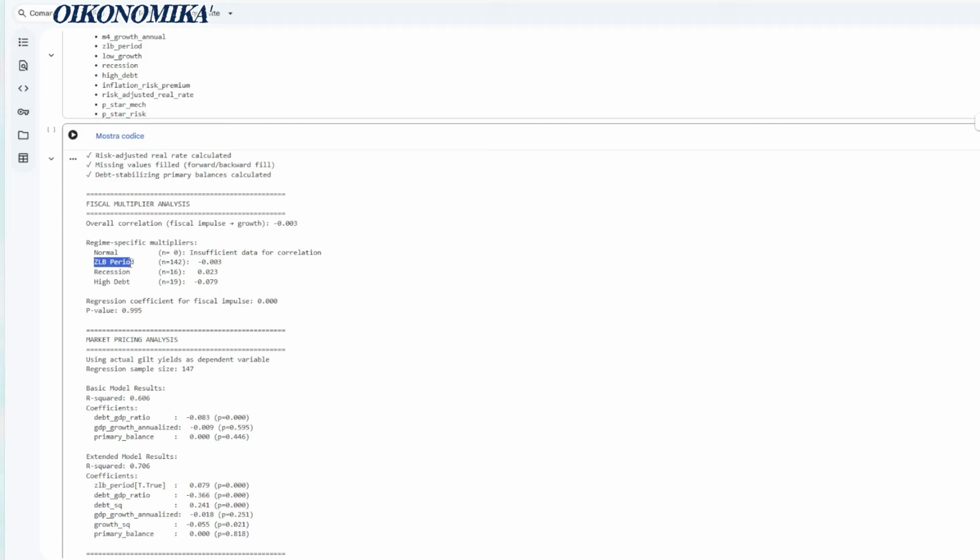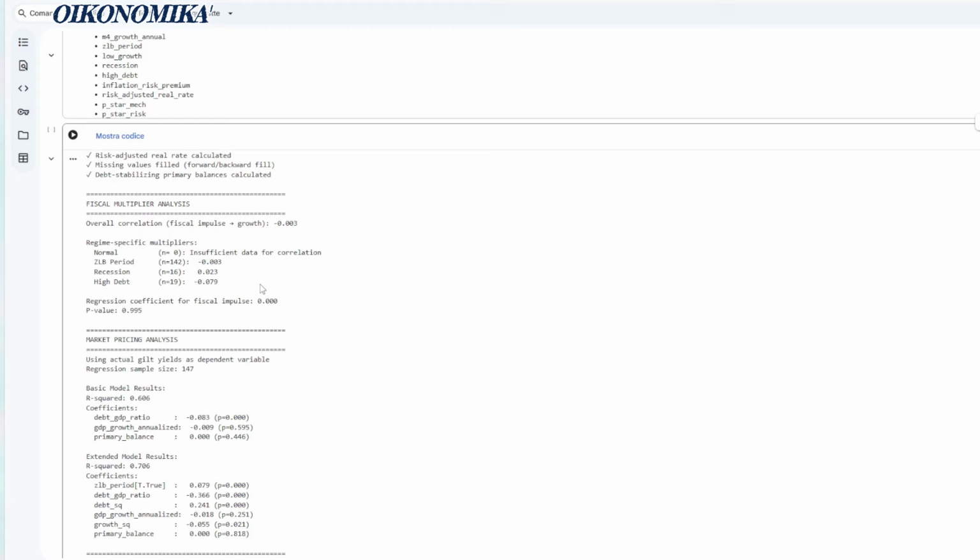We have the zero lower bound period with 142 observations, where the fiscal multiplier is marginally negative or close to zero. Then we see that in recession we have a positive fiscal impulse or multiplier. And in a high debt environment, as it is now, above 40%, we have a negative fiscal multiplier or fiscal impulse.